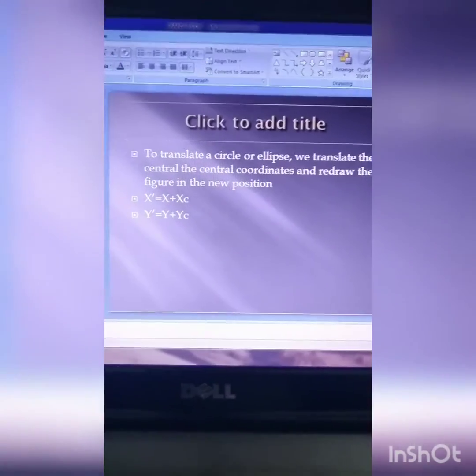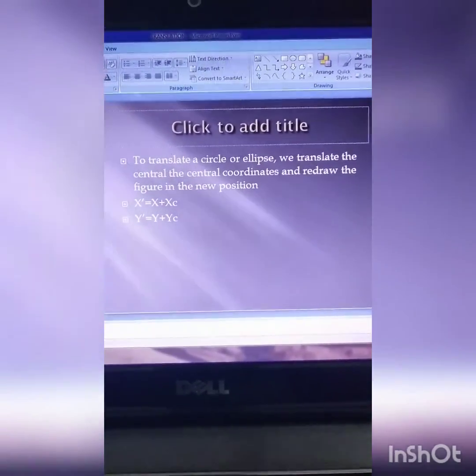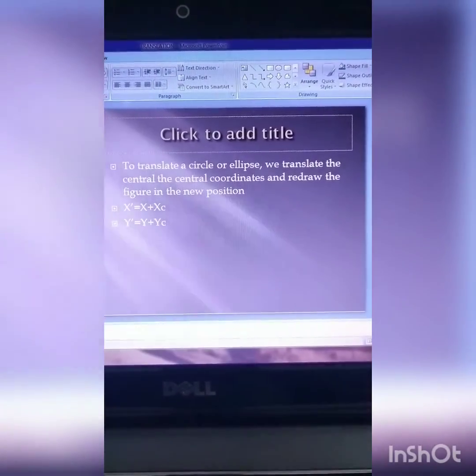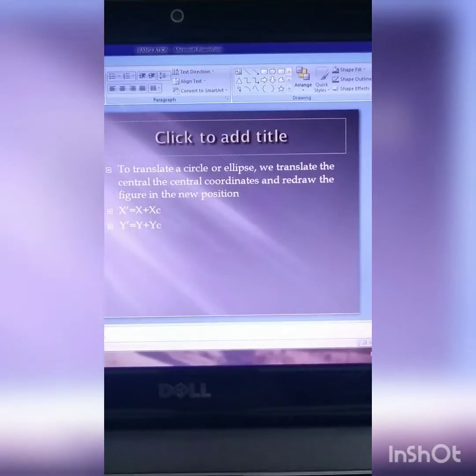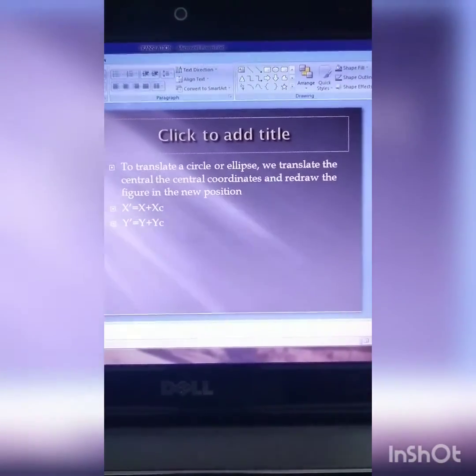So there is one more case regarding how to translate a circle or ellipse. So it is clearly written here that to translate a circle or ellipse, the only thing we have to do is to translate the central coordinates and redraw the figure in the new position. That is x dash is equal to x plus xc and y dash is equal to y plus yc.